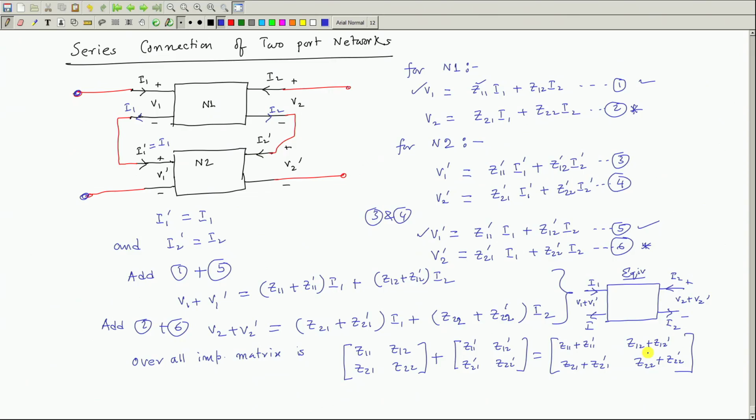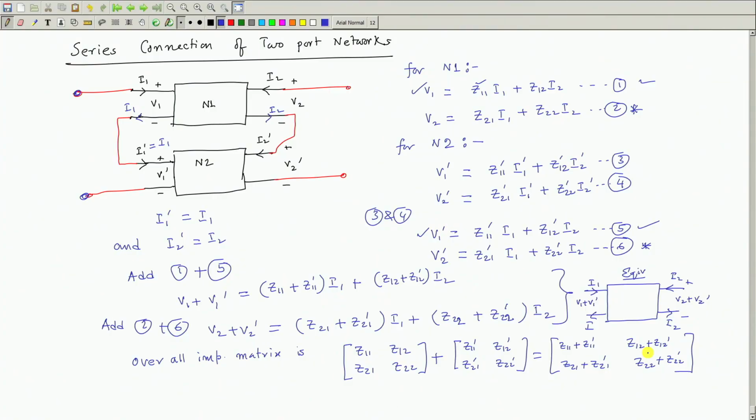Obviously, you can now feel that any two port network can be represented in several ways, either in terms of Z parameters, ABCD parameters, Y parameters, like that. But if they are series connected, I can replace this series connected two port network by a single two port network, whose parameter values you can get by just adding the impedance matrices separately, very simple.